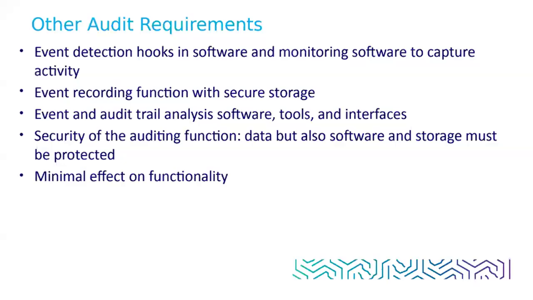And then the event recording function is going to record the detected events and store them securely. So after an event is detected, it must be recorded and stored securely. Secure storage prevents unauthorized modification or deletion of audit records.